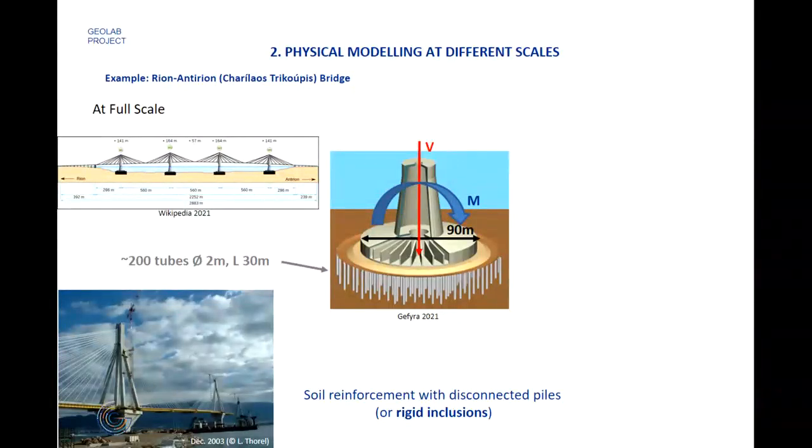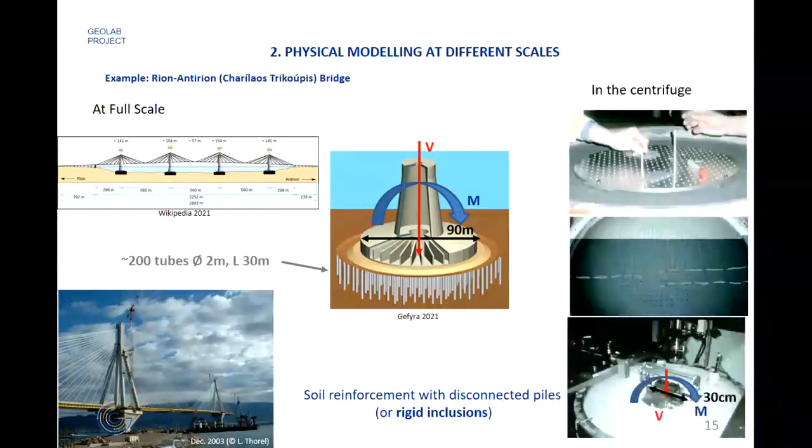So the granular layer is the weak zone where the strains will be concentrated in case of earthquake. This bridge was the biggest at this period. I don't remember exactly if it's the span or the length.